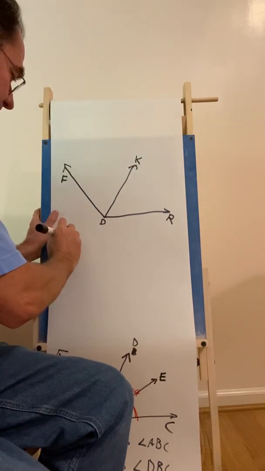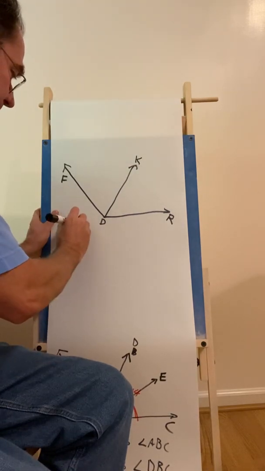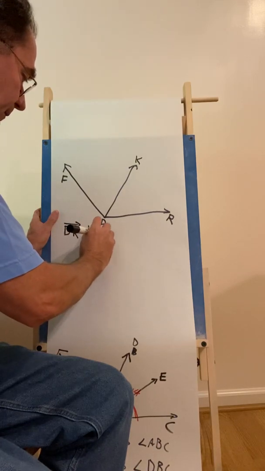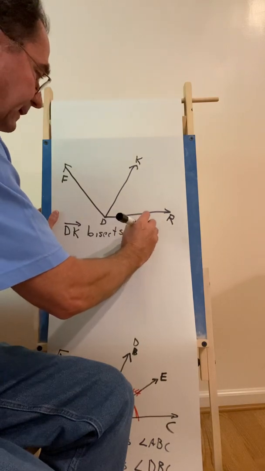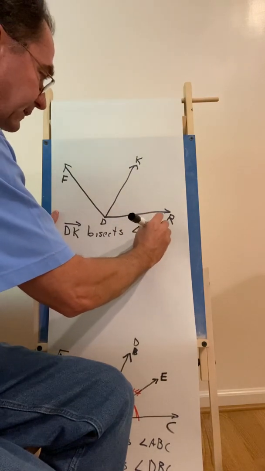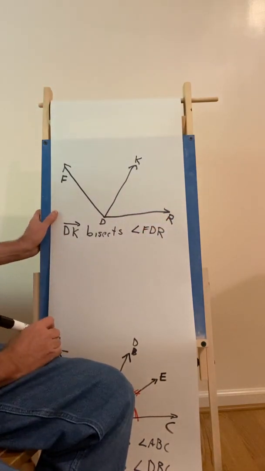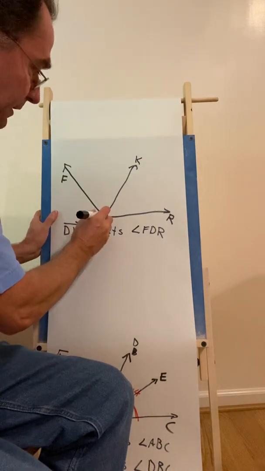Let me write that down. DK, ray DK bisects angle FDR. And what do we do? We bisect it again.